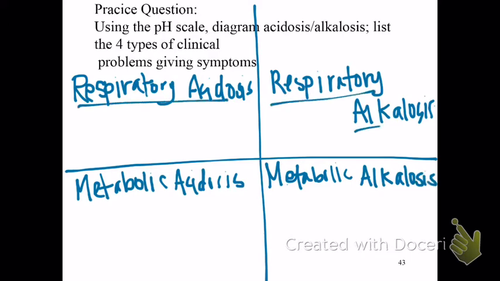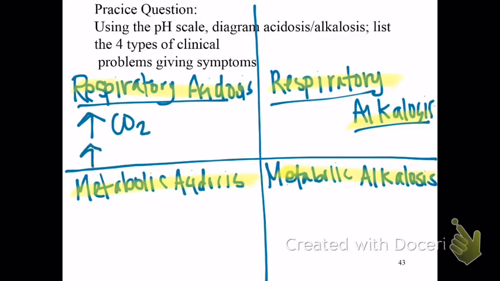Okay, so respiratory, let's think that first. Respiratory, think about breathing, right? CO2. Okay, CO2 is acidic. So you're thinking about breathing, respiratory acidosis. That means you're not breathing very well. You're not getting the CO2 out of the body. And I said CO2 is acidic, so not breathing well, you're going to have increased CO2.